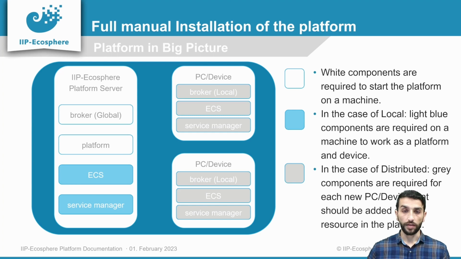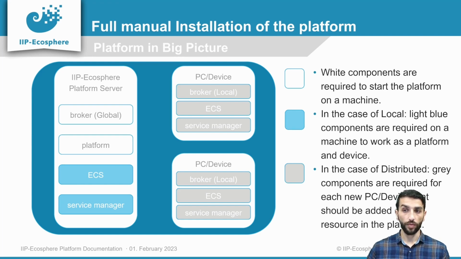A device here refers to a PC or server, each device available for the platform as a resource. The global broker handles the communication between the server and the devices, while the local broker handles the communication between the component and the device. Check the platform handbook for more information about the platform architecture and components.